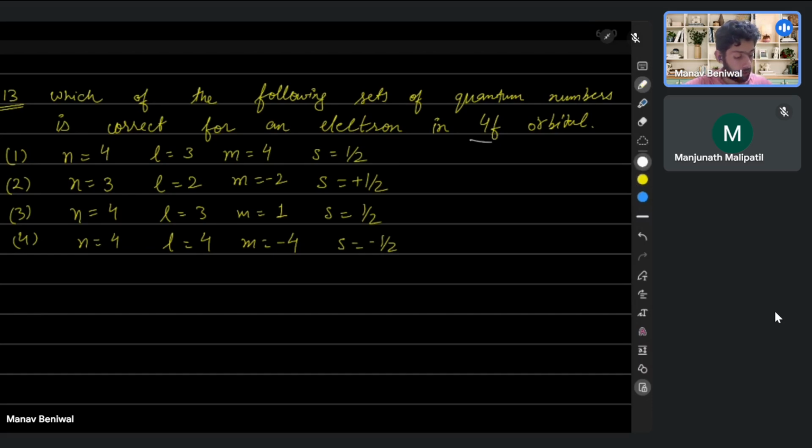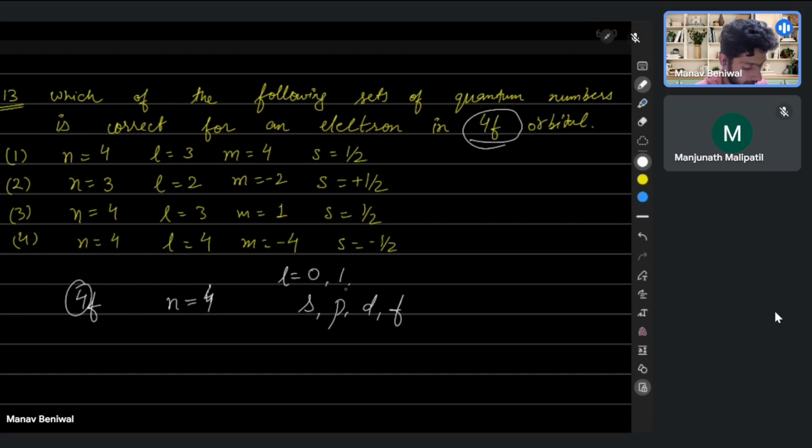So what is the meaning of 4f orbital? 4f means n will be 4 because it is written here, right? And the orbitals s, p, d, f correspond to l equals 0, 1, 2, 3.